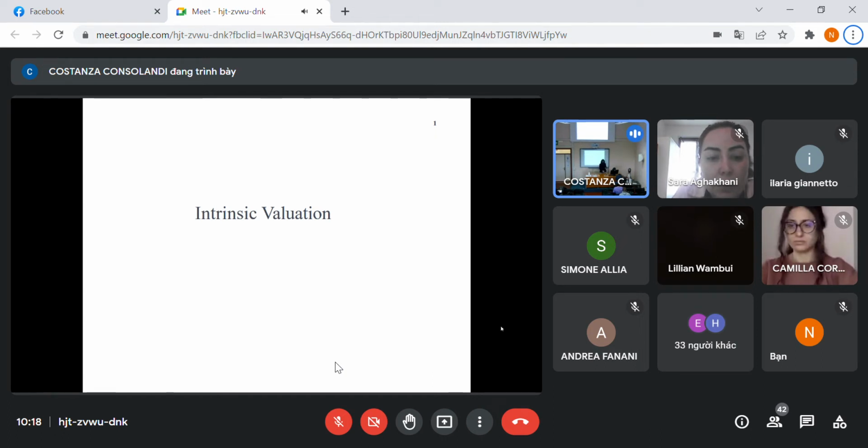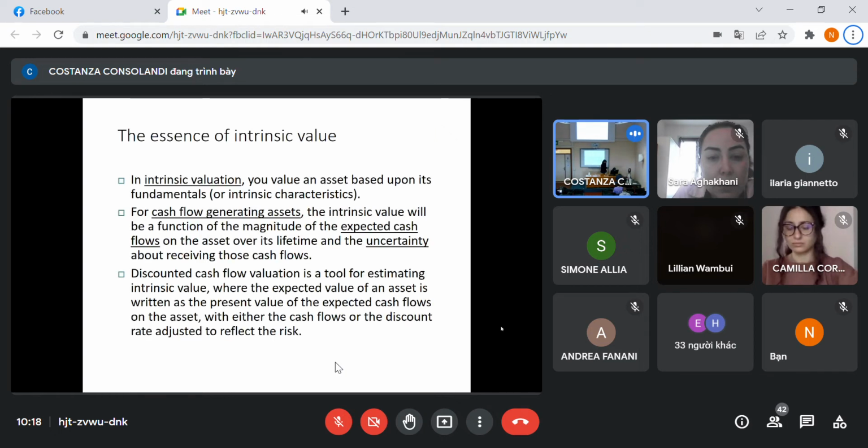Of course, when we talk about intrinsic valuation, just to recap, intrinsic valuation, or as we say, DCF valuation, so discounted cash flow methodology, is a valuation approach where the essential assumption is that markets are not efficient, okay?